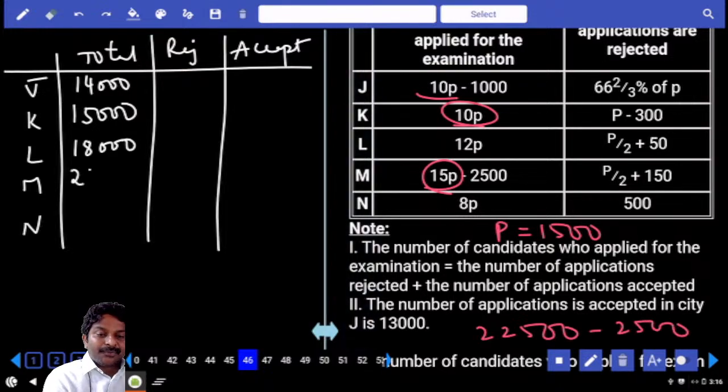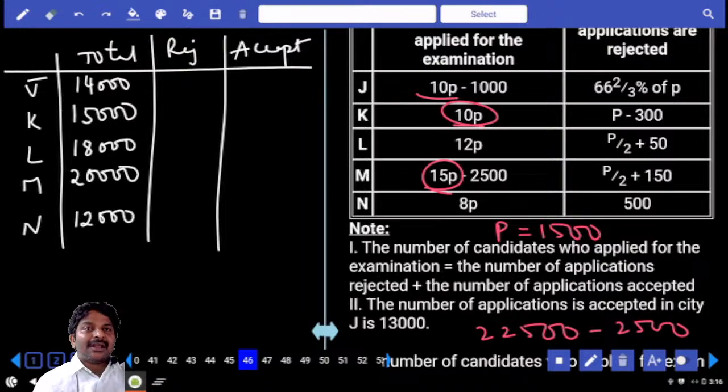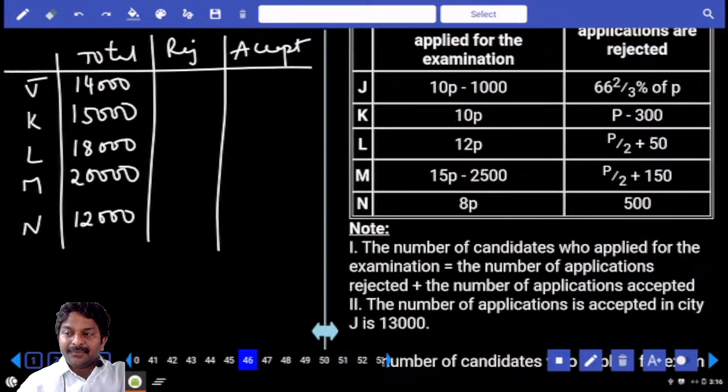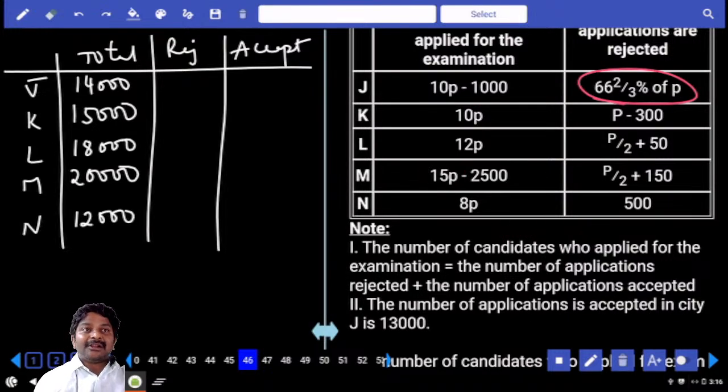How much is that? 20,000. 8 parts, 12,000. Then fractional form. How much is that? 2/3 of P. 2 by 3 of P. P is 1500, which is 1000.